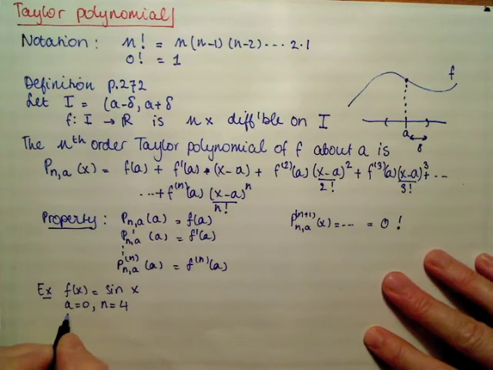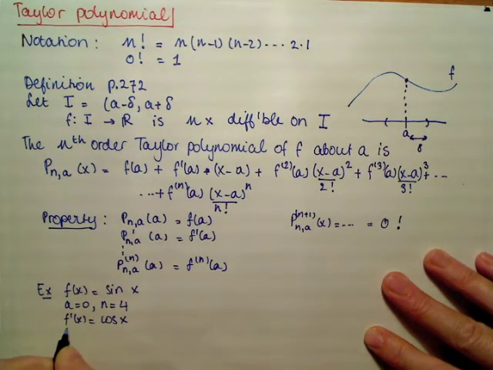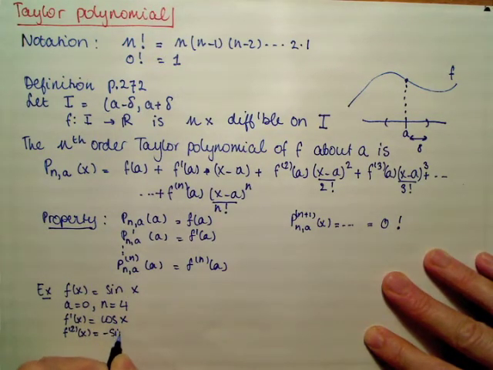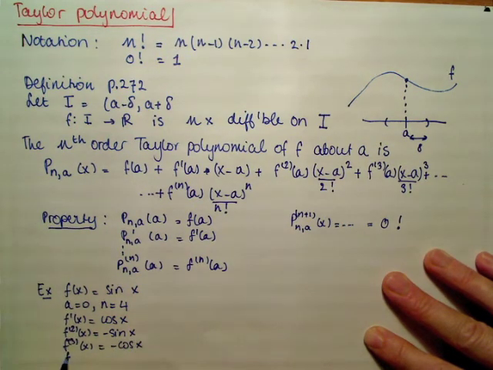We know that the derivative of sine of x is cosine. The second order derivative is minus sine. The third order is minus cosine. And the fourth order is again equal to, we are back to sine of x.